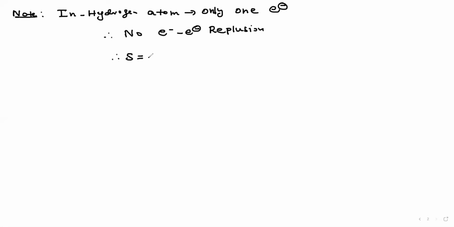We know only one electron, right? Only one electron. Therefore there is no inner electron repulsion. No electron repulsion. Therefore, the S value equals 0. In this case, for hydrogen, the effective nuclear charge equals the number of protons.